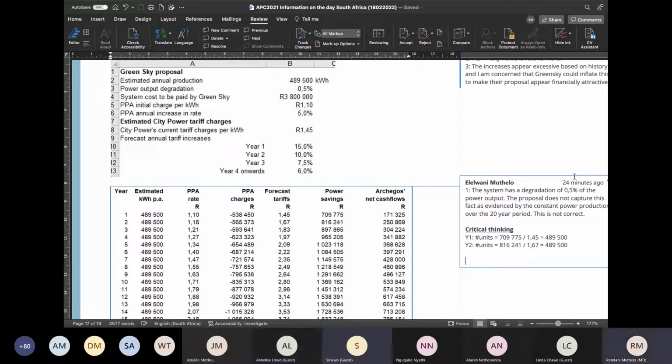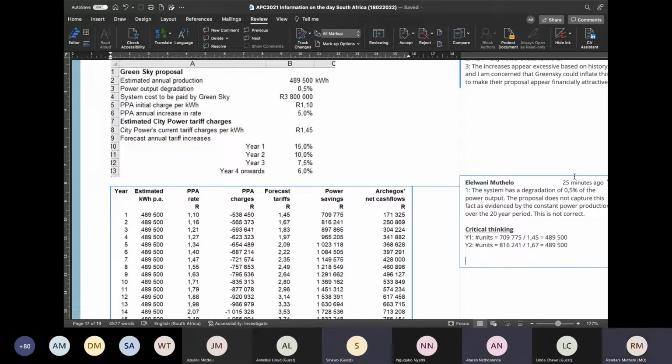Like if you tell me that about any business, I will not believe. It doesn't matter which business it is. If you tell me that, no, Renani, when we did this agreement, we assumed that this business is going to use the same power for the next 20 years. Does that make sense?